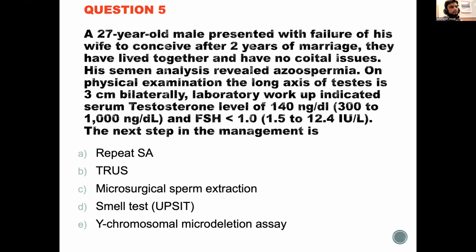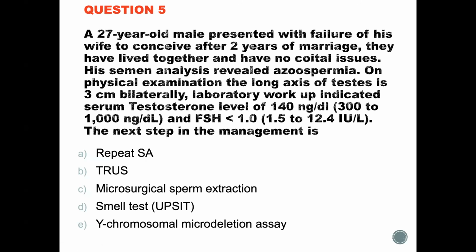There can be primary testicular failure, or there can be a genetic disorder. So yes, we can always go for Y chromosome microdeletion assay, which is not done upfront. But if a person comes with these very small and malformed testicles, we can go for it.